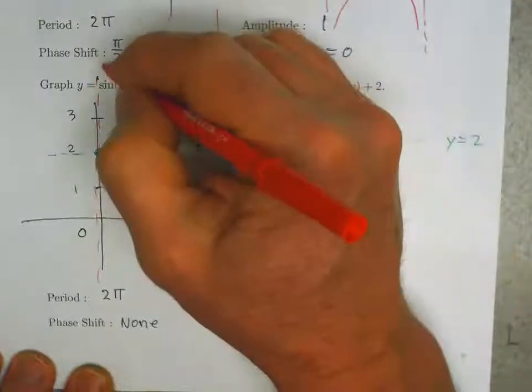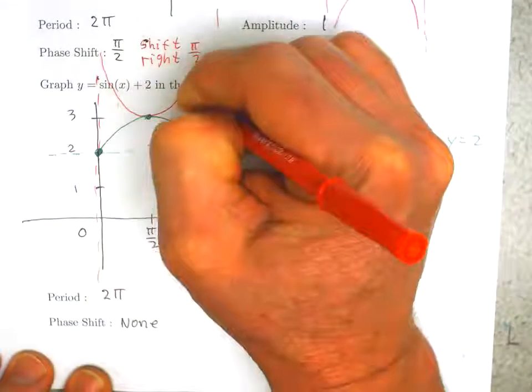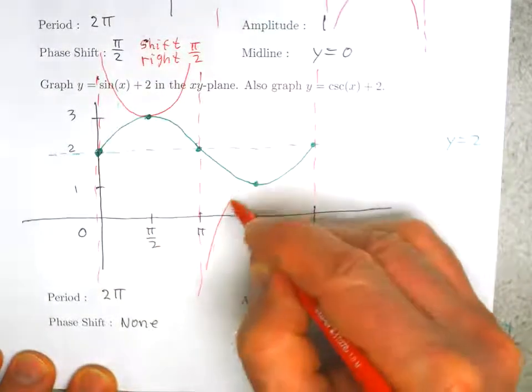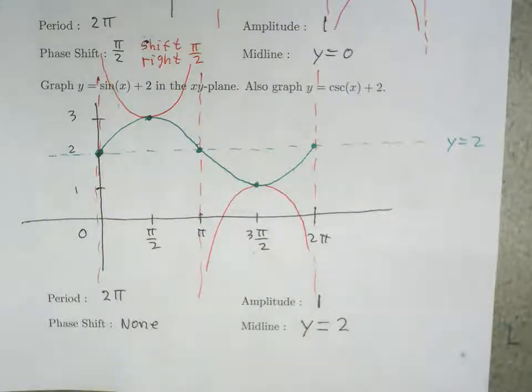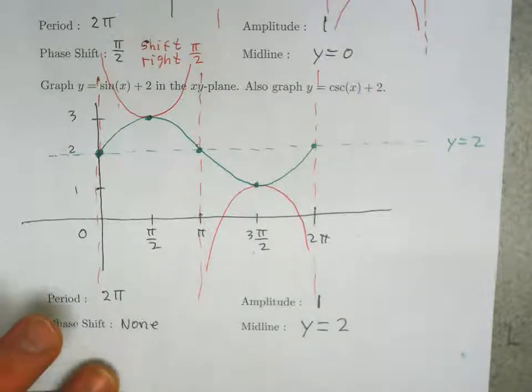And then, so the reciprocal function is graphed in those 2 places. Okay.